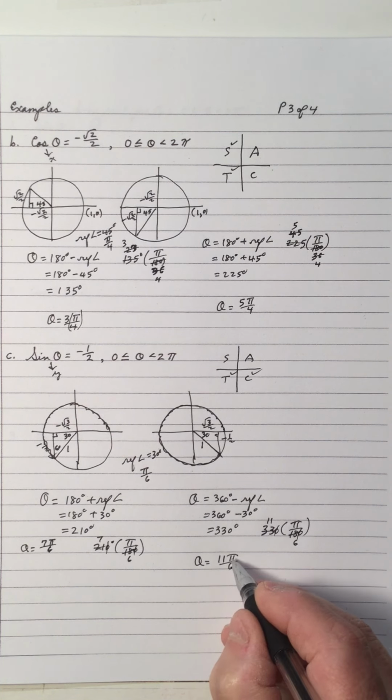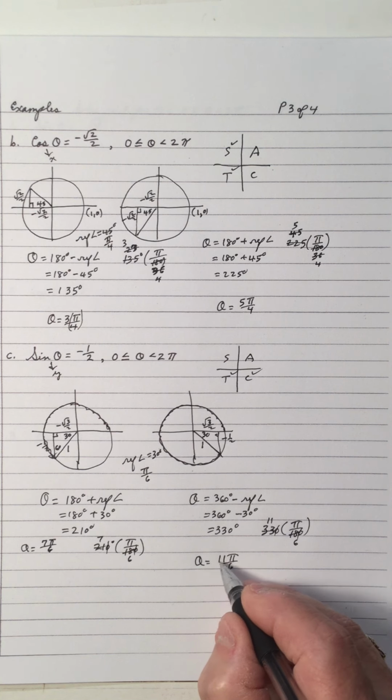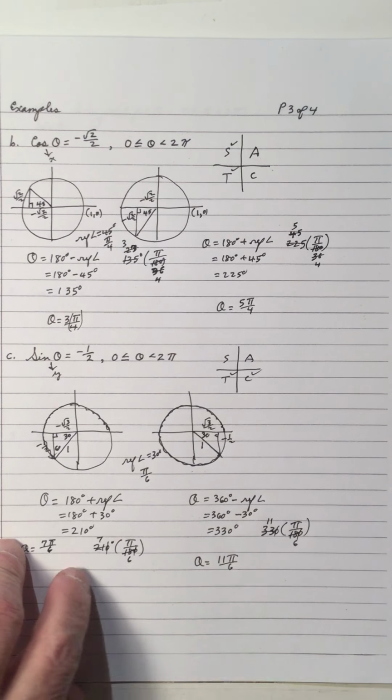Again, pi over 6 is 180 divided by 6 is 30, 11 30s is 330.